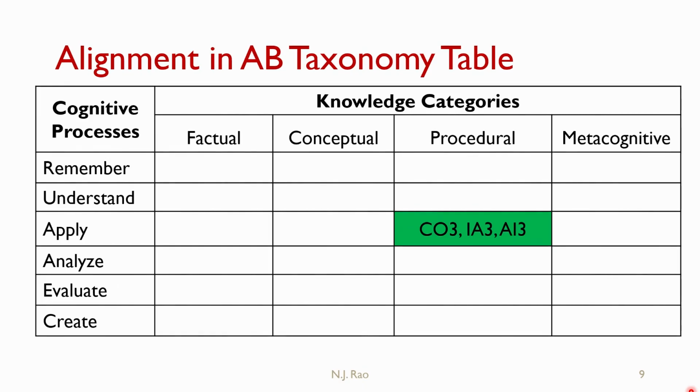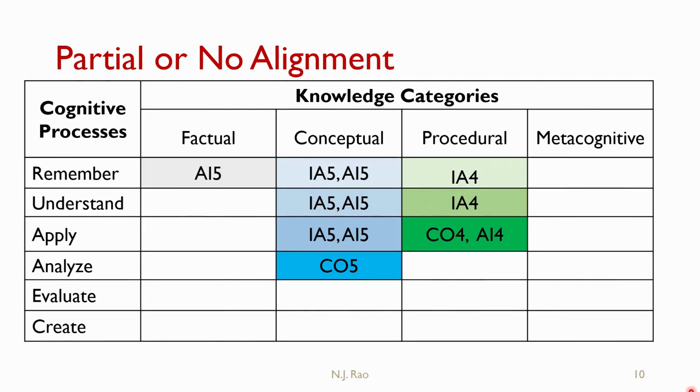That is why we locate IA3 and AI3 in the same cell. That is what we really mean by a true alignment, but this is 100% alignment. It may not always happen that way. Let us take CO4.